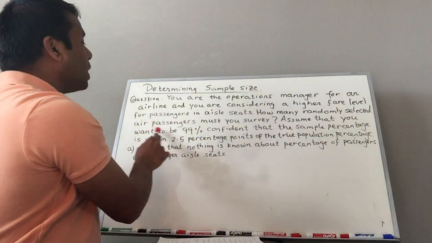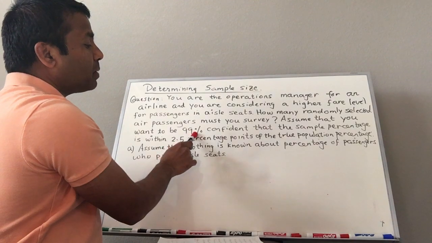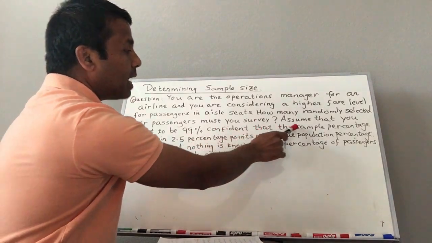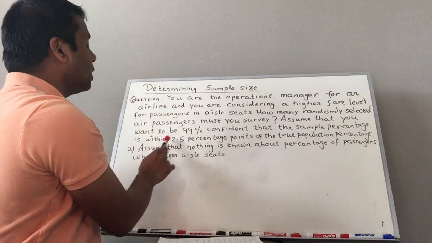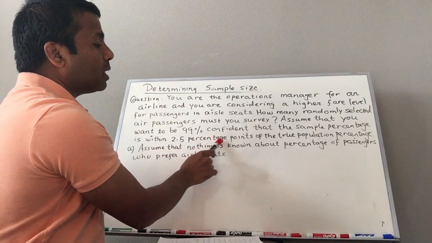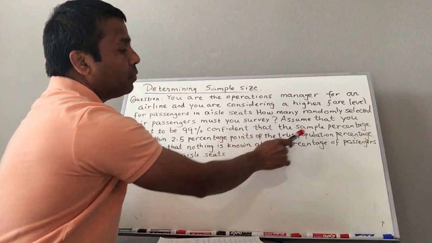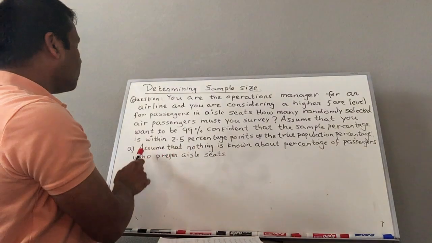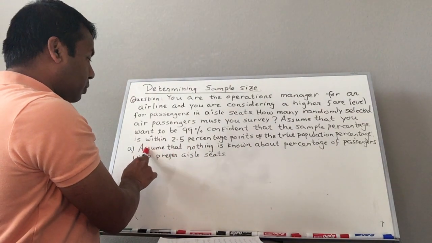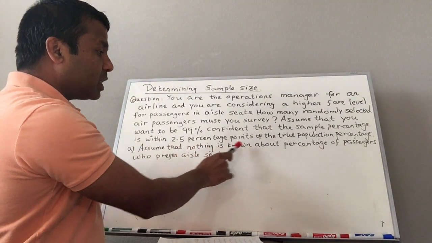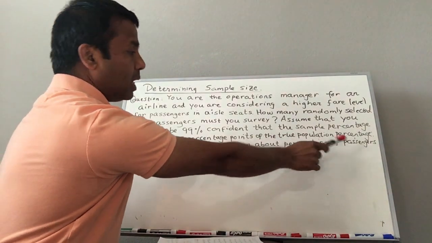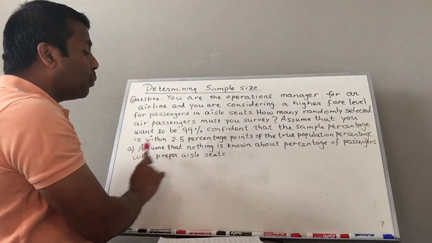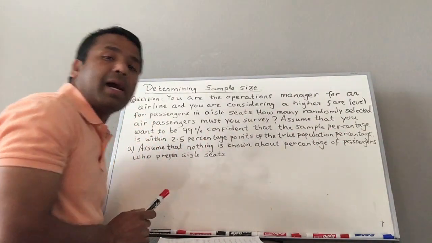Assume that you want to be 99% confident that the sample percentage is within 2.5 percentage points of the true population percentage. Assume that nothing is known about the percentage of passengers who prefer aisle seats.